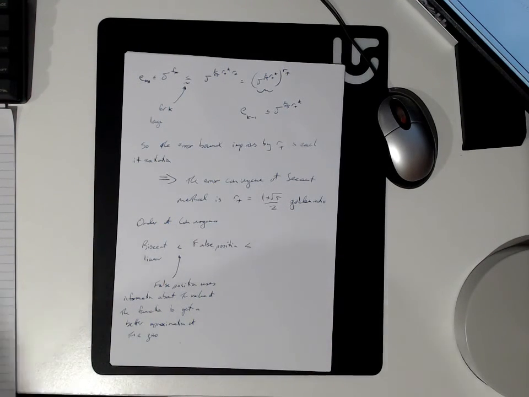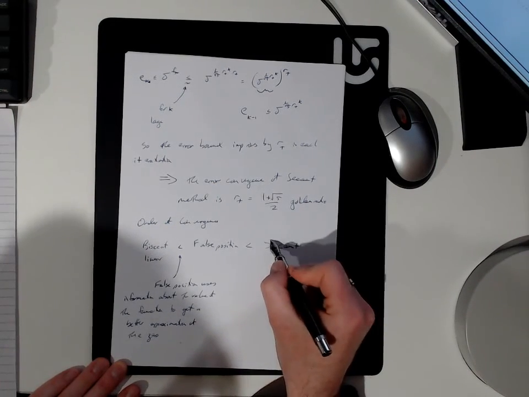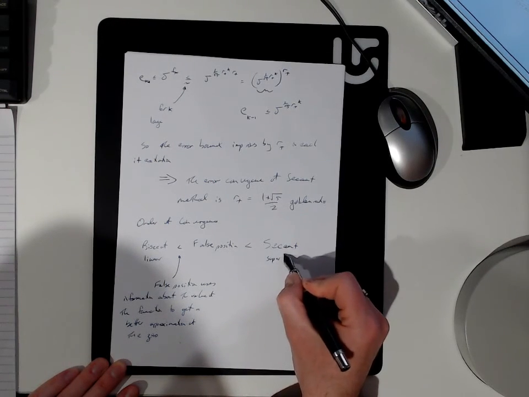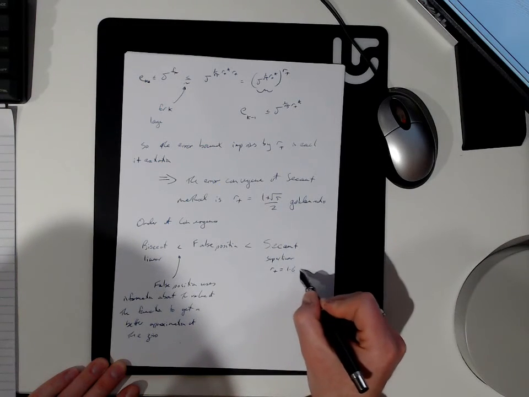And this is generally thought to be less than the secant method. And convergence here is often called superlinear as well, because r plus is 1.6 something.